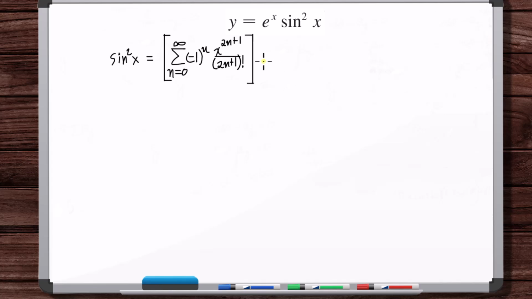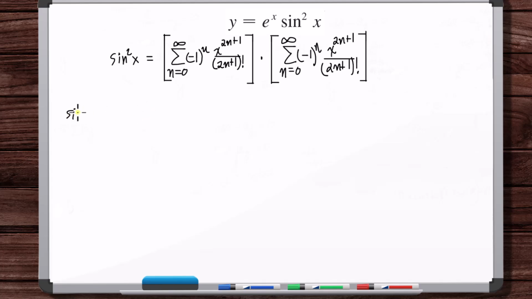once again, okay, so we can write this out in expanded form. When n equals 0, you've got x to the first over 1 factorial.